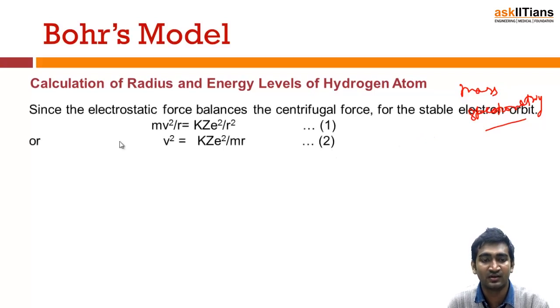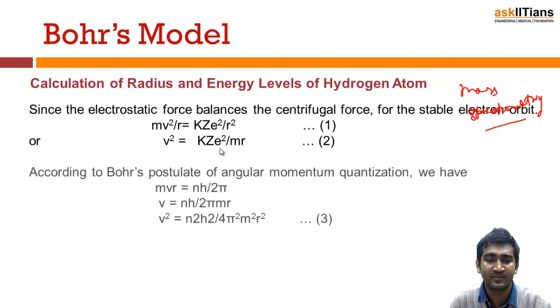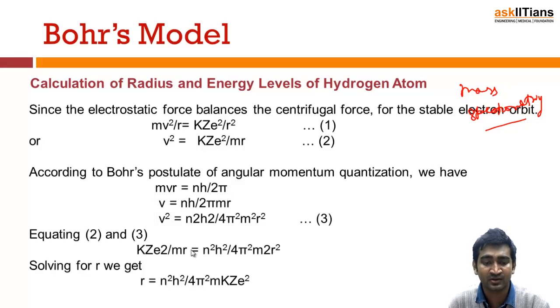So electrostatic force, which is kZe square by r square, is equal to my centrifugal force, mv square by r. From here you can find v in terms of radius, mass and the electronic charge. And also according to Bohr's postulate, mvr is equal to nh by 2 pi. So combining these all, you can get the radius.